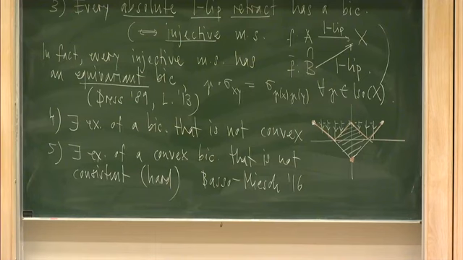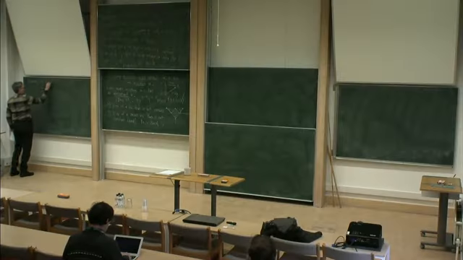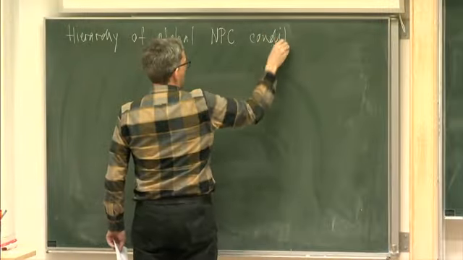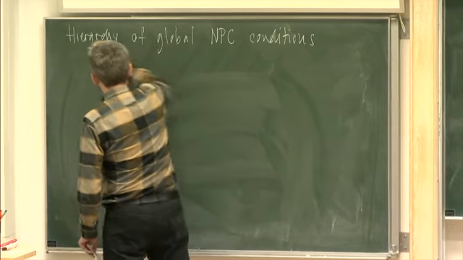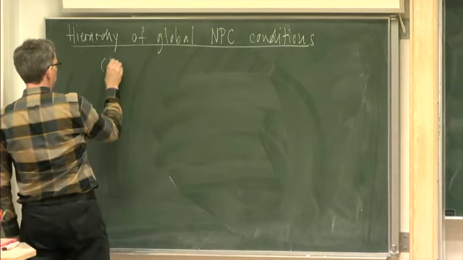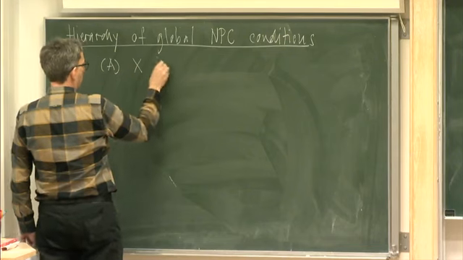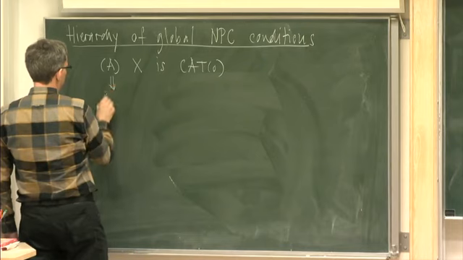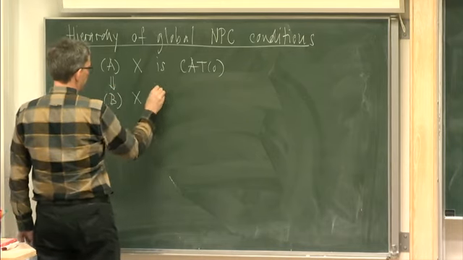Okay, so now I can write down the hierarchy. Hierarchy of global non-positive curvature conditions. The strongest one is CAT(0), so X is CAT(0). The next one is Busemann, X is Busemann.